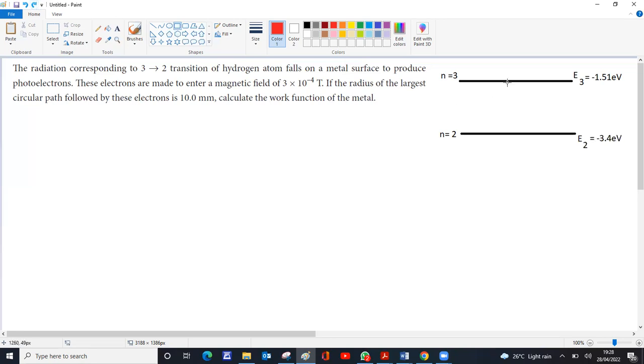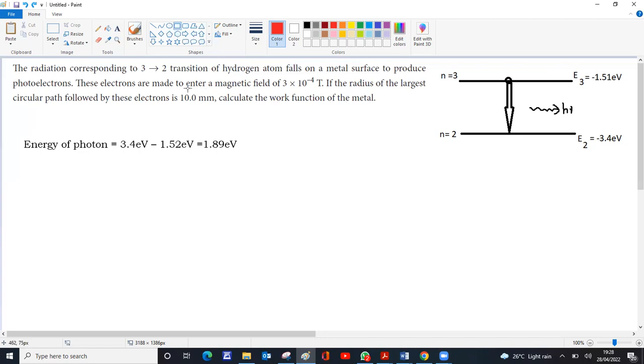So if this electron de-excites and releases one photon, the energy of the photon is minus 1.51 minus (minus 3.4). If you subtract, 3.4 minus 1.51 is 1.89 electron volt.